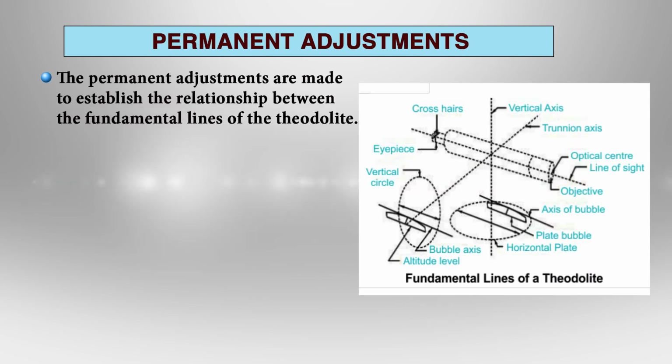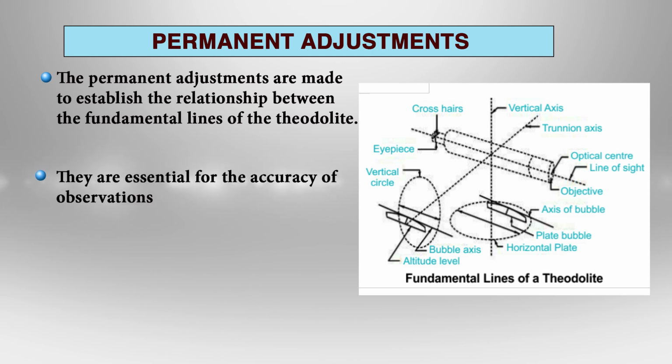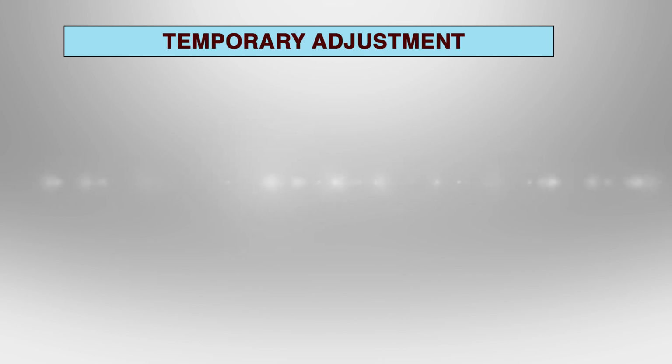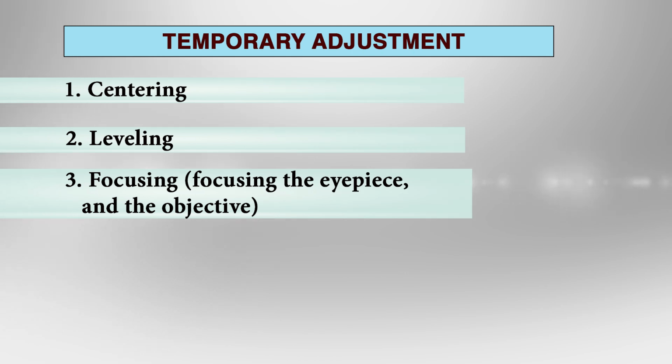Permanent adjustments, on the other hand, are those made to establish the relation between the fundamental lines of the theodolite, and once they are made, they last for a long time. They are essential for the accuracy of the observation. The temporary adjustment includes the following three operations: centering, leveling, and focusing of the eyepiece and the objective.